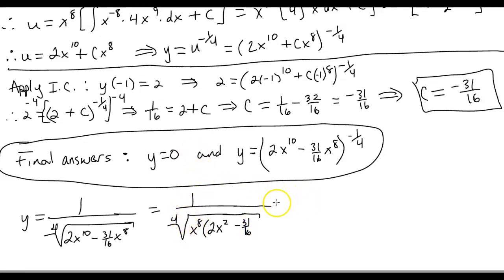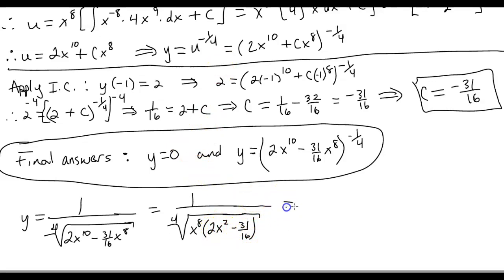And of course, we could split this up here. Didn't quite go the way I wanted it to go there. So here we could split up this as the fourth root of x raised to the 8 times the fourth root of 2x squared minus 31 over 16.